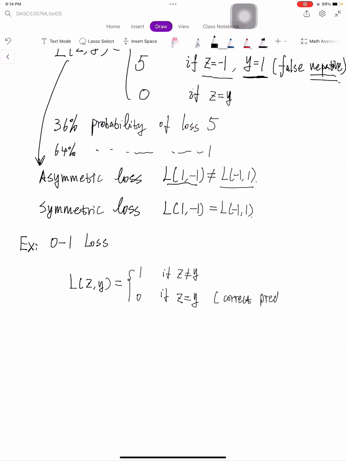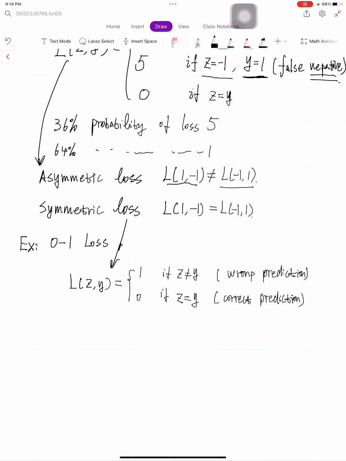For the correct prediction, we give loss 0. For the wrong prediction, we give loss 1. So this is an example of the symmetric loss.